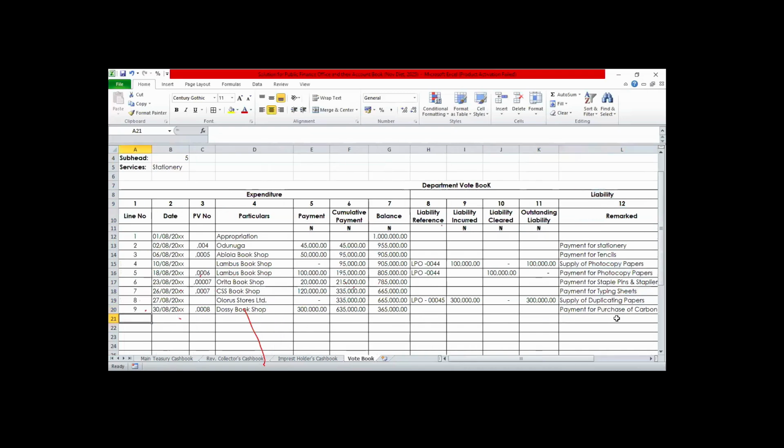31 August. Paid Oloru Stores Limited on account. They paid Olorus, abi? Yes, sir. Oloru Stores Limited on account. On what PV number? 0009.